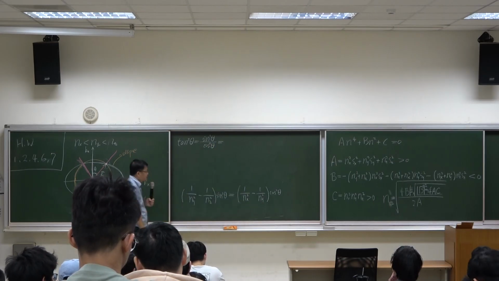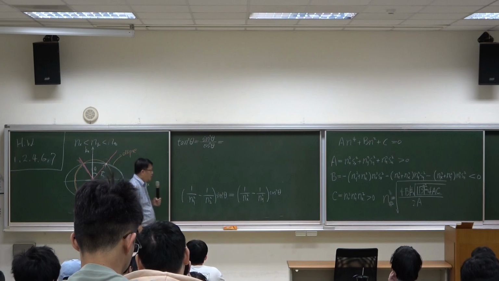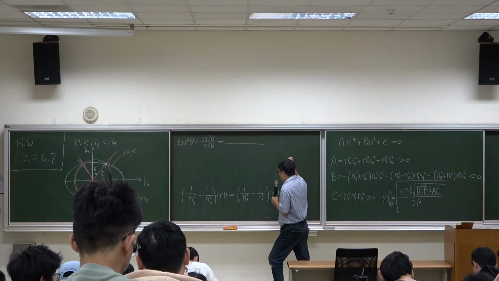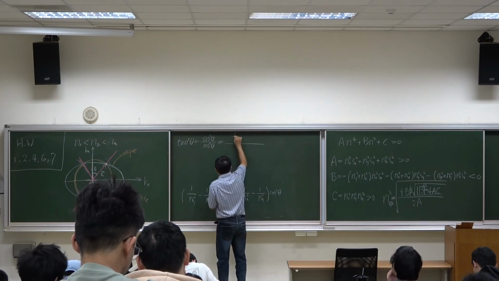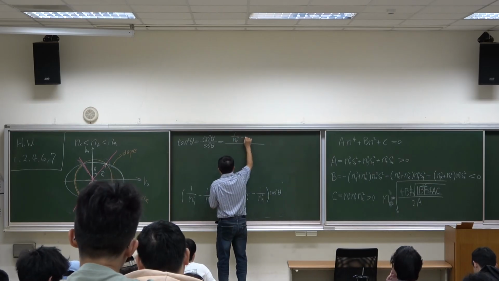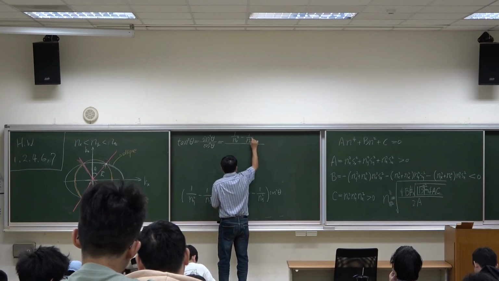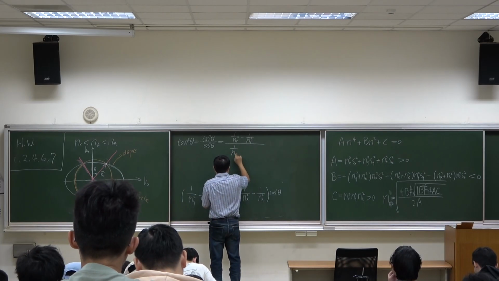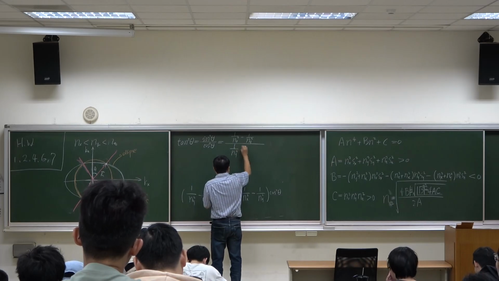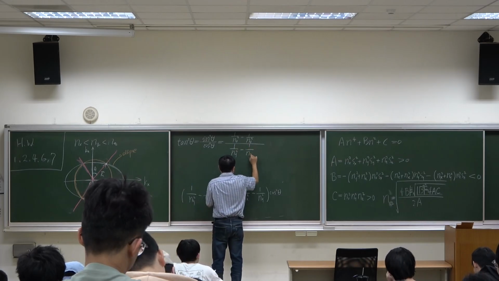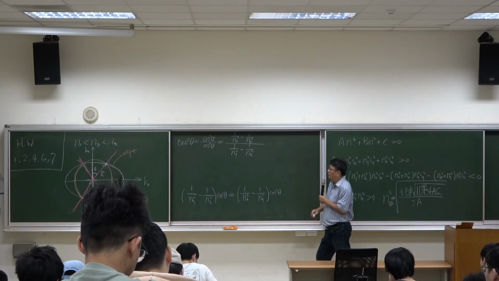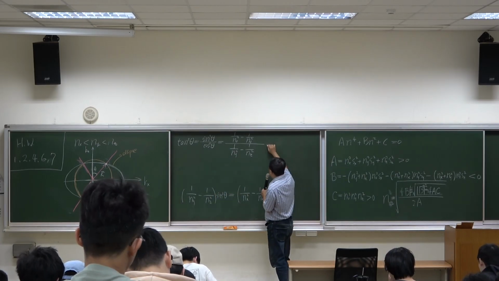Okay. And the result is 1 over nx squared minus 1 over ny squared over 1 over ny squared minus 1 over nz squared. Okay.